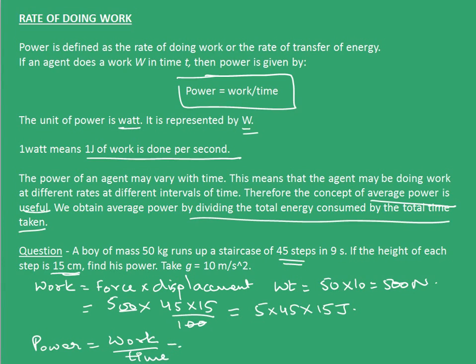The time given in this question is 9 seconds, therefore the power will be 5 into 45 into 15 divided by 9. I again do some manipulation to get power to be 25 into 15, which is 375 watts. Therefore, for a boy of mass 50 kg to run 45 steps of 15 cm each in 9 seconds will require 375 watts of power.